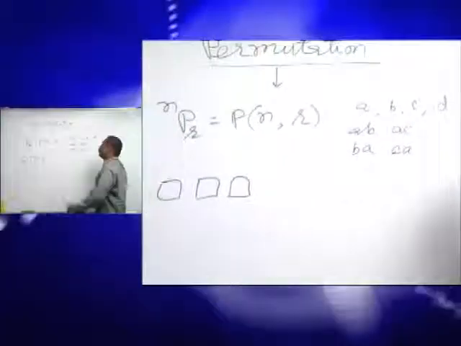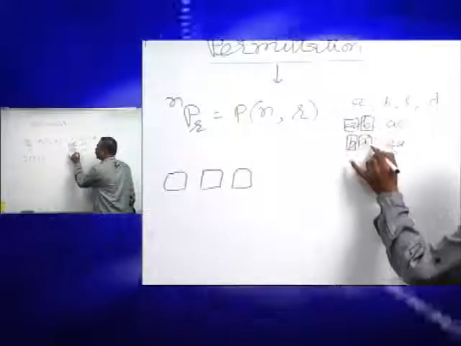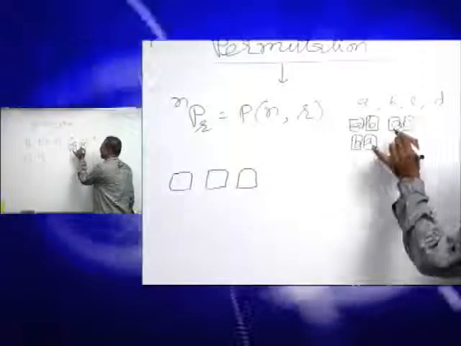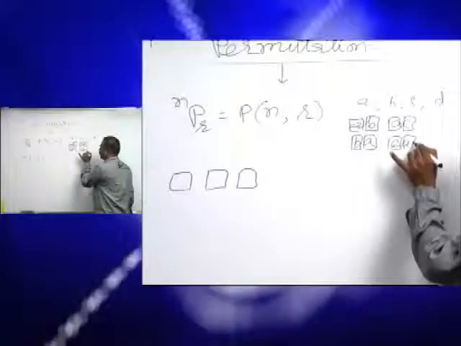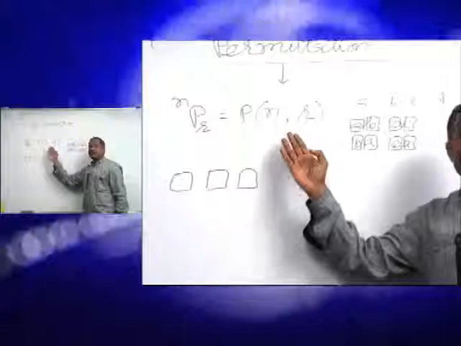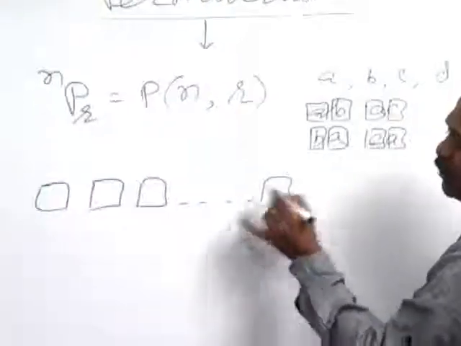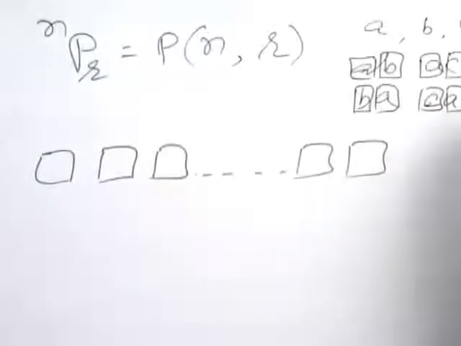So in each arrangement, how many blank places do you have? You have 2 blank places. Similarly, for N things, when R things are to be taken, how many blank places will be there? You will have R blank places.